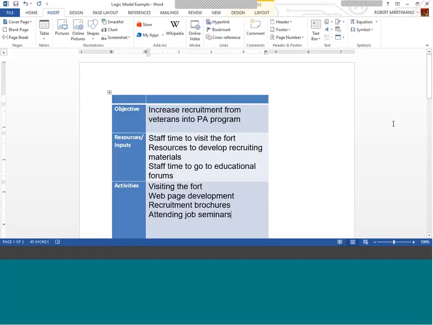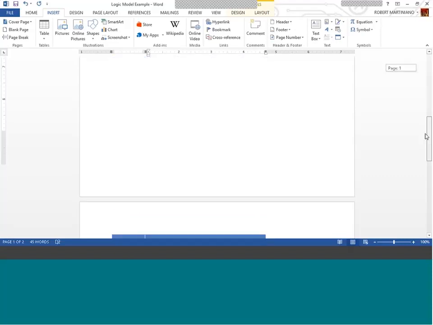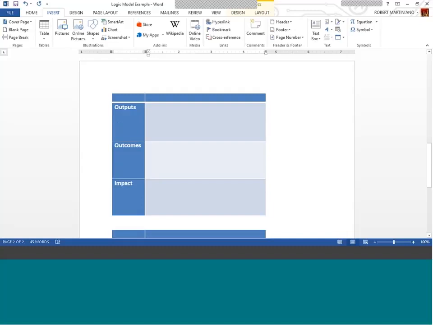Again, as I've thought about the objective, this is very specific to this program. I want to get more veterans into the program, so I'm going to focus my resources on things, and the activities are going to come from the resources. So let's think about what our outputs are going to be.